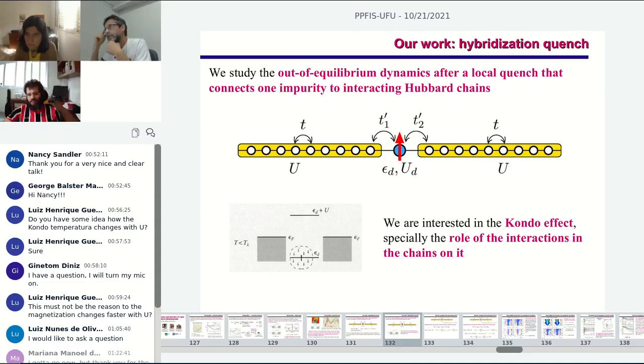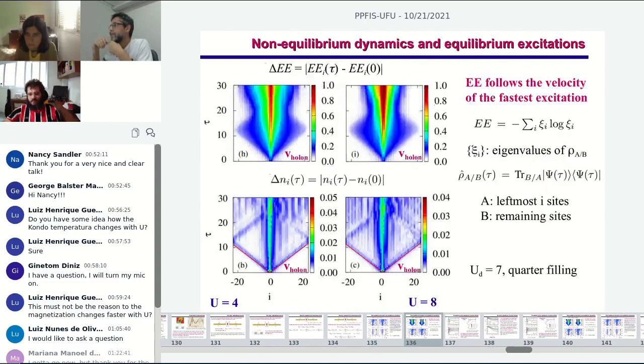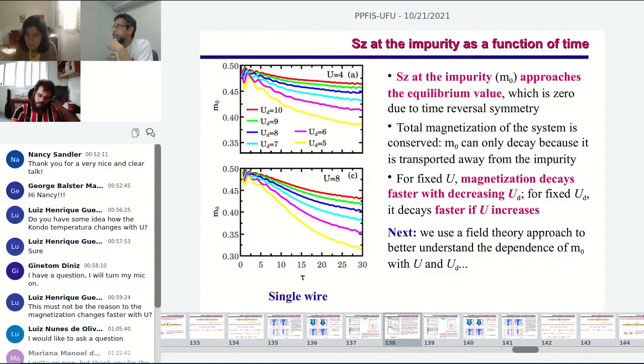George's comment is well taken. Maybe there is some other problem that you might have if you make the Kondo coupling too strong. But otherwise, this makes a lot of sense.